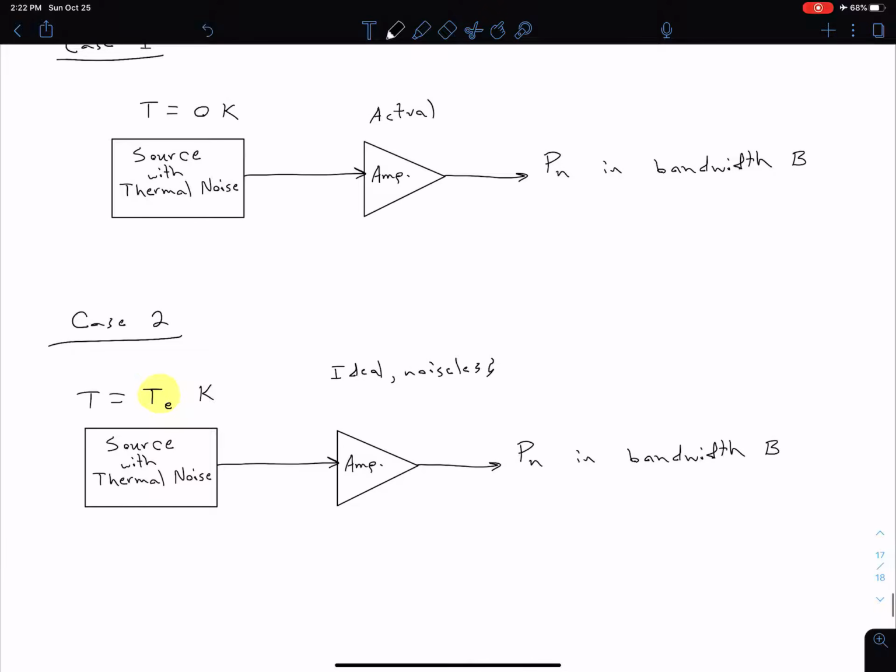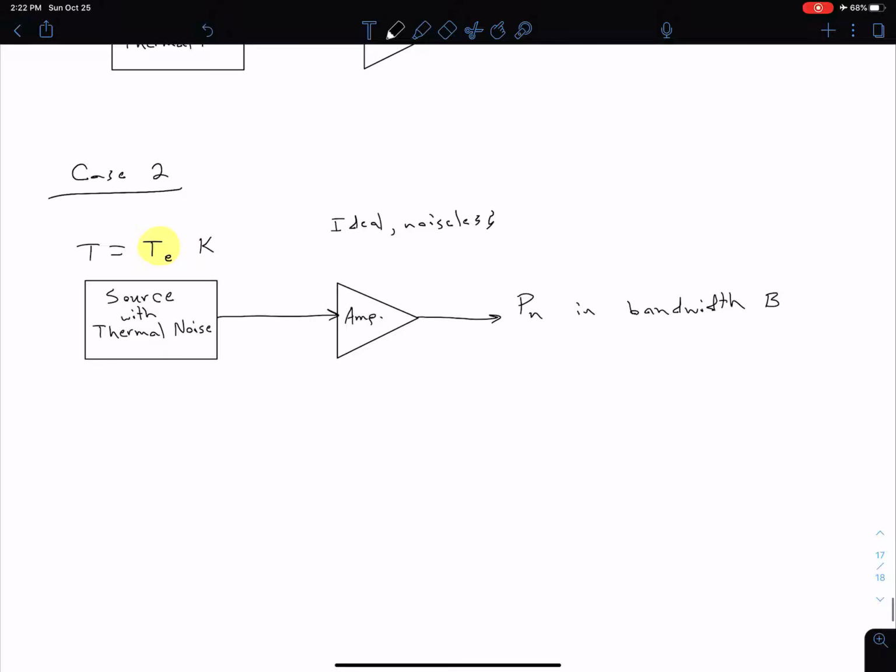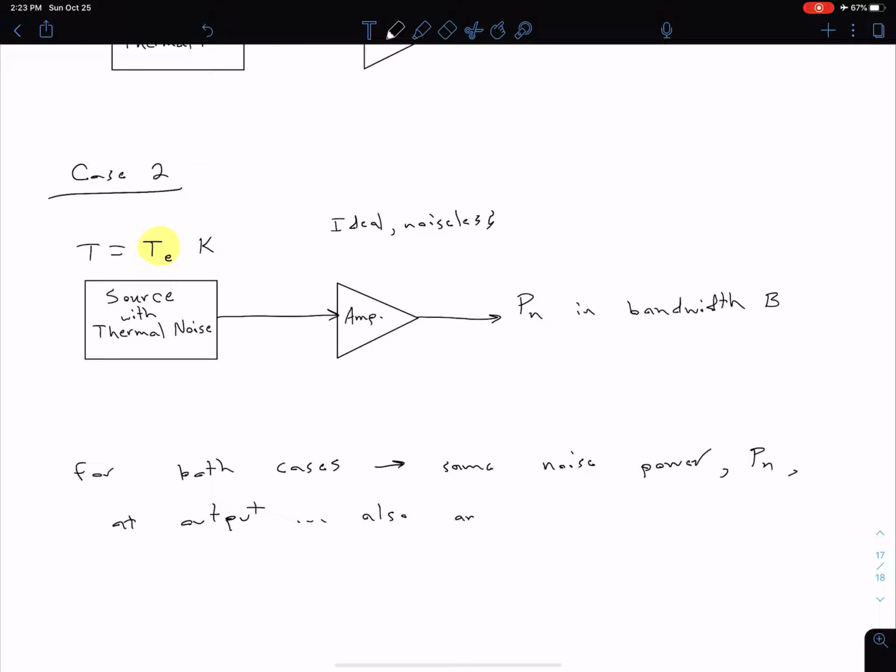In both of these cases, we have the same noise power, P sub n, at our output. And we're also assuming that our amplifiers have the same gain.